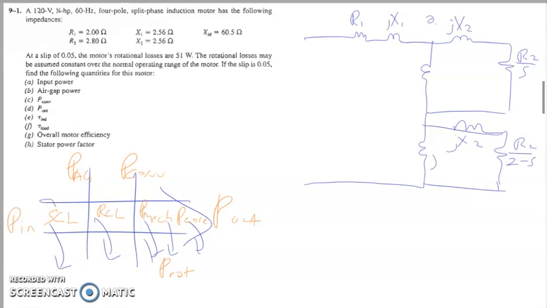Then we put in the jX2, which is half of jX1 and half of jX2. For the magnetizing impedance, we put in the values for the forward and the reverse. Transfer the details into the circuit as your reference.